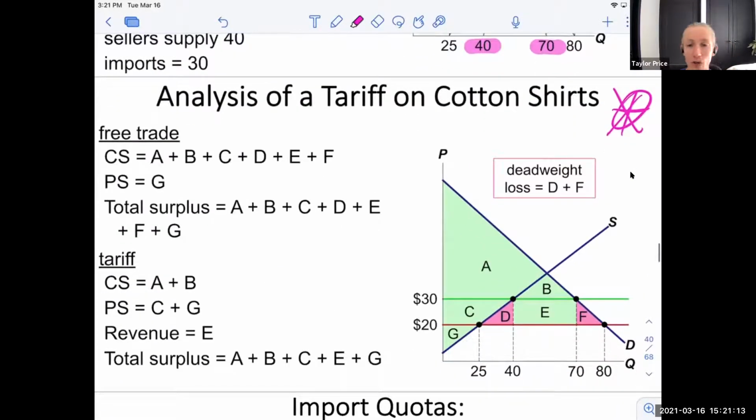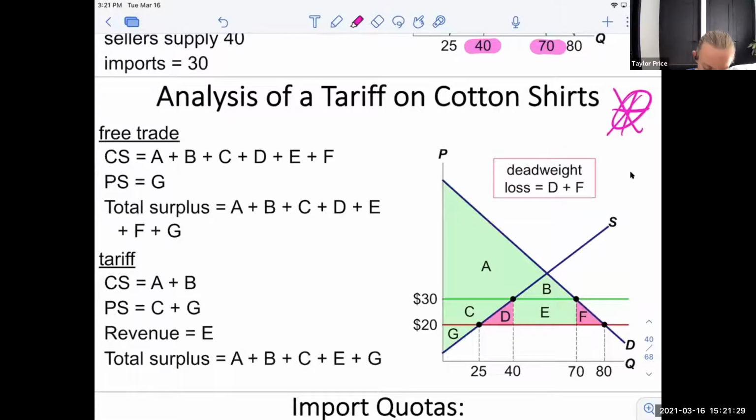So when we look at an analysis of what happens with a tariff, it can get kind of complicated. But I think a really good way to think about it is by looking at the different chunks of surplus.